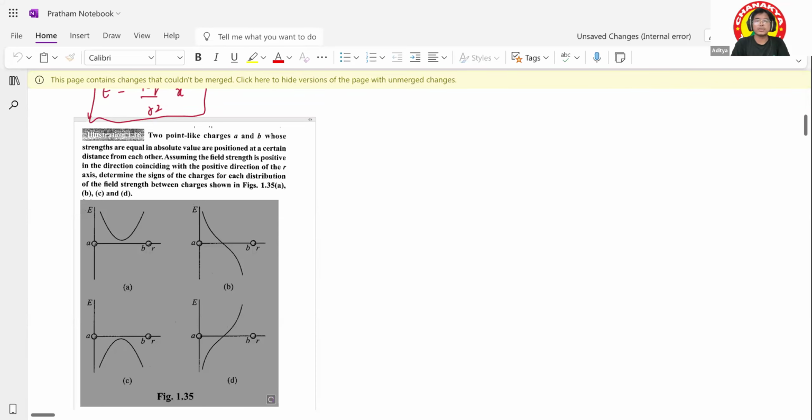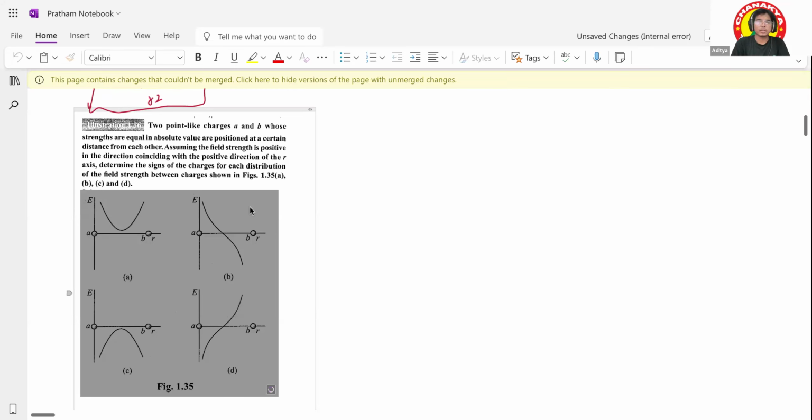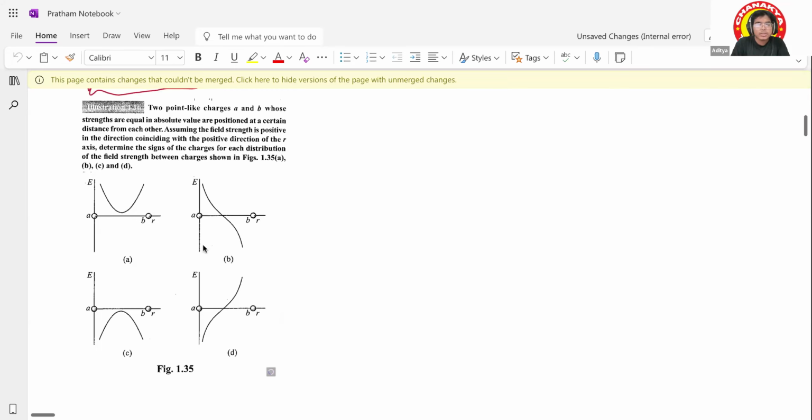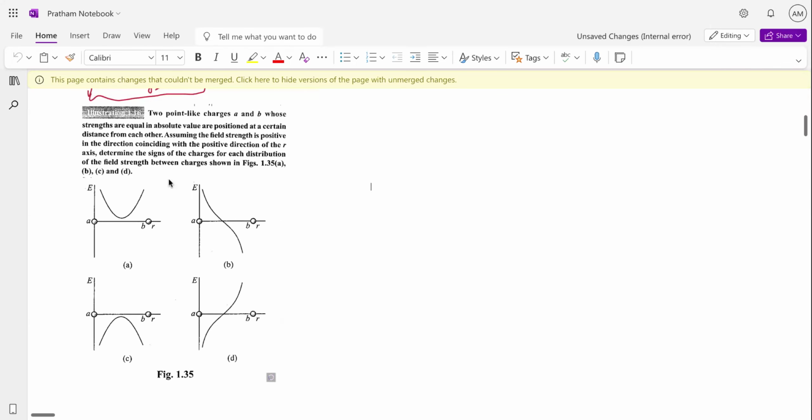Did you solve it? I have tried. In the first one, I think A should be negative because the electric field is decreasing. For the first one, should both be negative or only one of them?